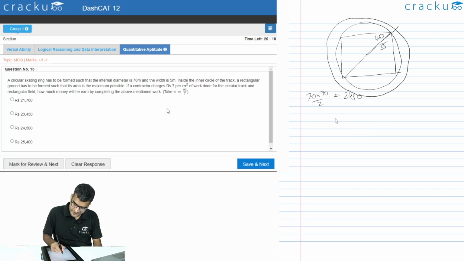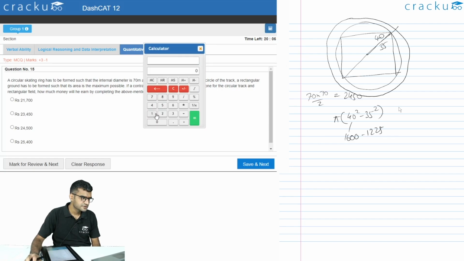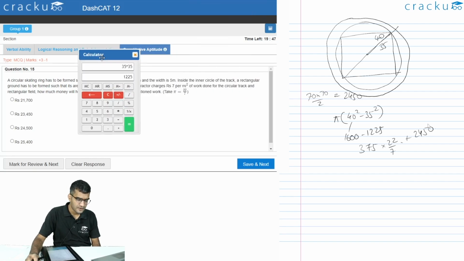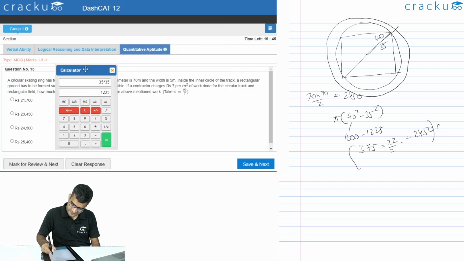That will be 5 into 40 square minus 35 square. Correct? So this is 1600. This is 1225. Let me just check once, 35 square, so that I don't make any mistake. 35 into 35. Yeah, so this is 375 by 7 into 22, plus 2450. This into 7.